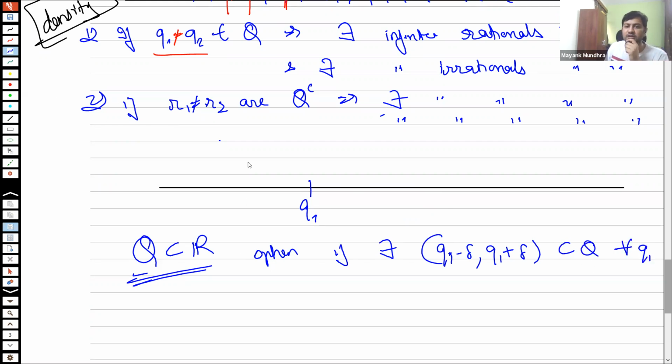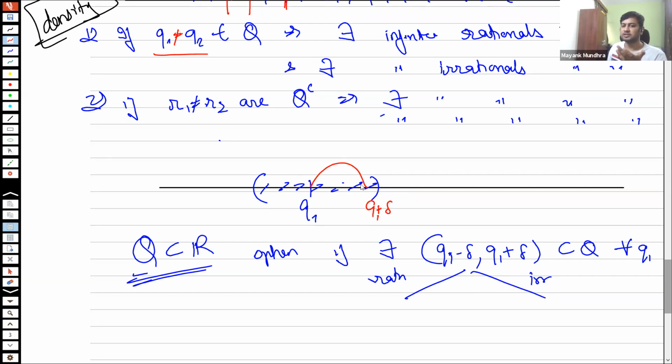So you should be able to generate some positive delta value such that this set will have only rationals in it. Now, your delta could be rational or it could be irrational. If it is rational, then you just look at these two points, Q1 and Q1 plus delta. Between these two rationals, there's going to be infinite irrationals. So for delta being rational, you can show that Q is not open.